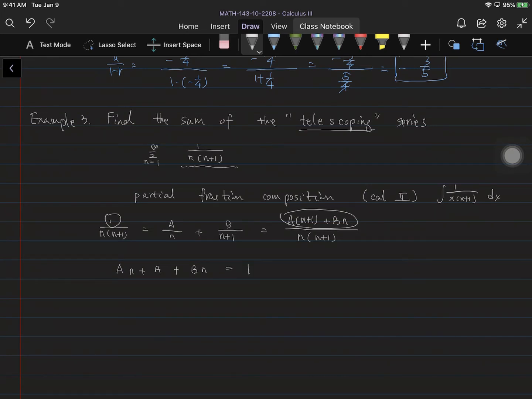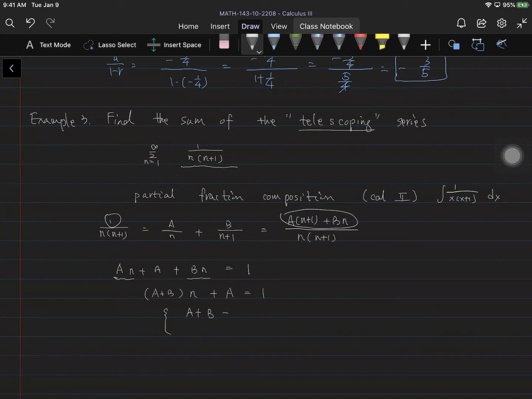And now we solve for A and B. From the equation, we can see if we pick all the n terms, that is A plus B times n. We factor n out. And for the constant, that's just A. And now we can set up two equations.